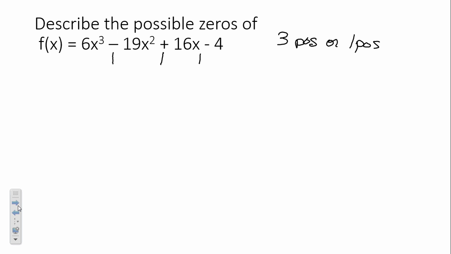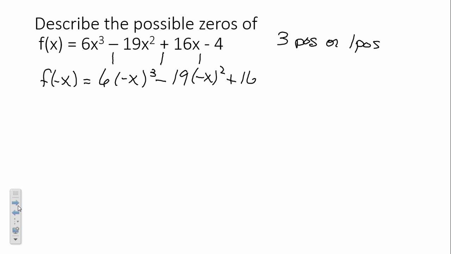Now let's do the negative side of it. If I plug in f of negative x, I will have 6 times a negative x cubed minus 19 times a negative x squared plus 16 times a negative x minus 4. So what's my sign going to be here? How about here? How about here? How about here?